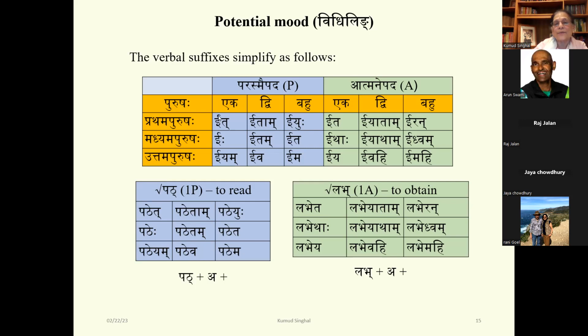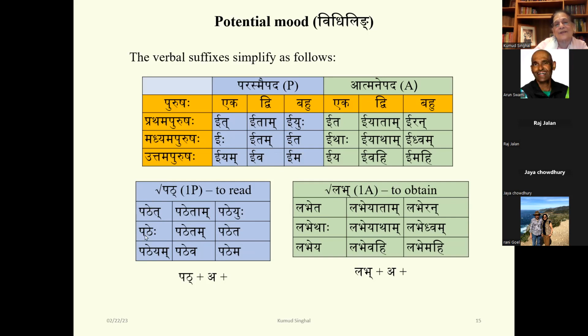Since the suffixes all start with e, and in group 1, this and e always will be a guna. So in the vidhiling there will always be an e here.